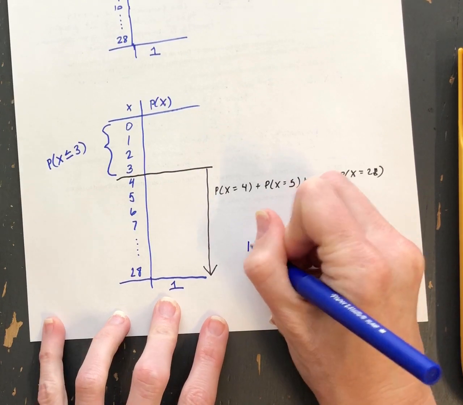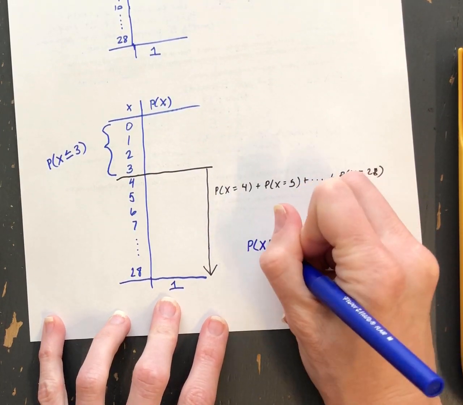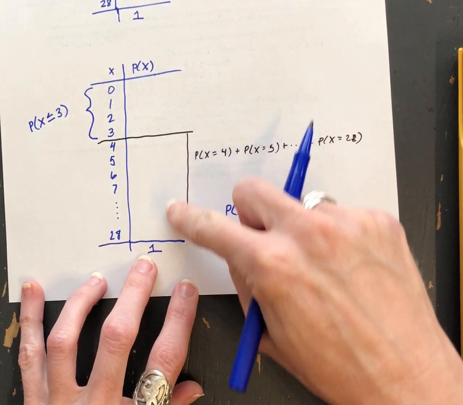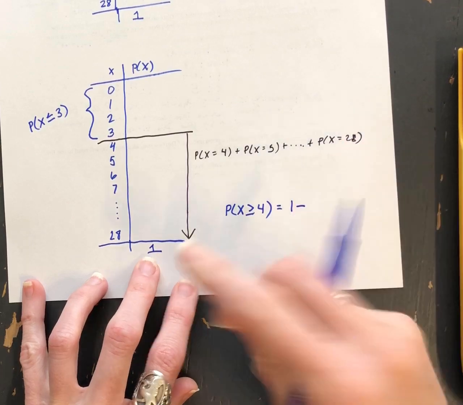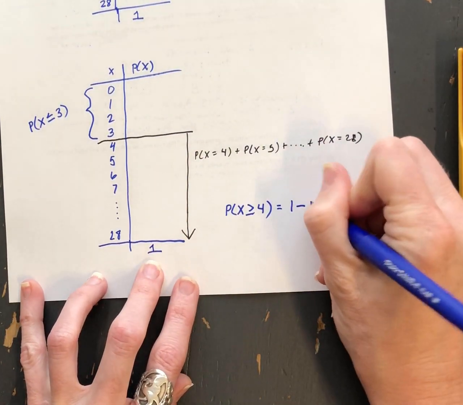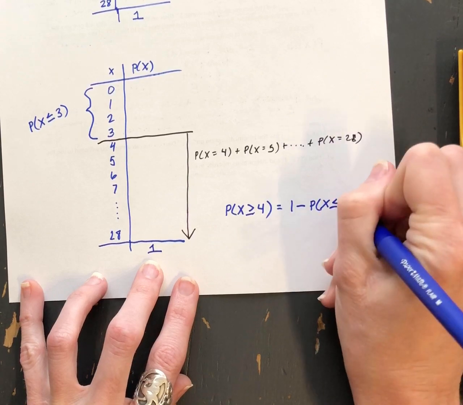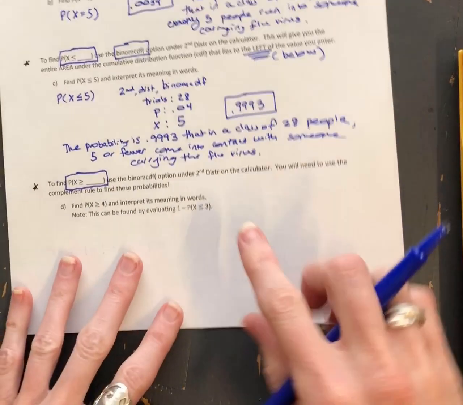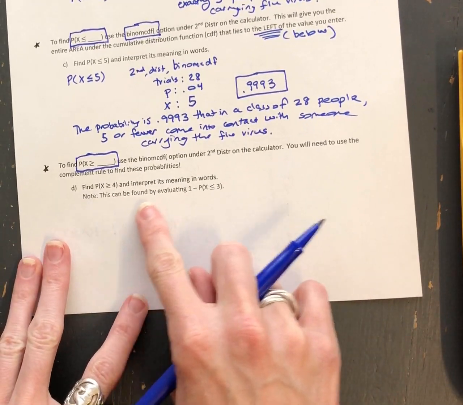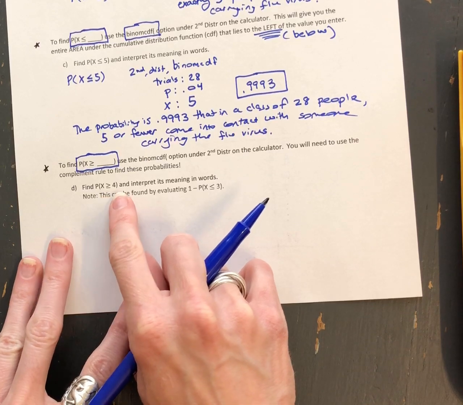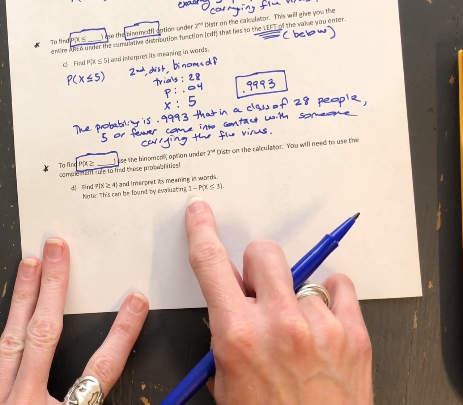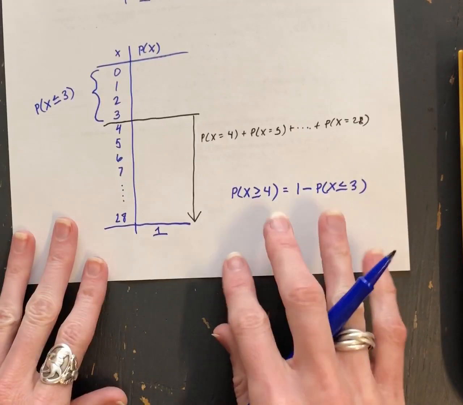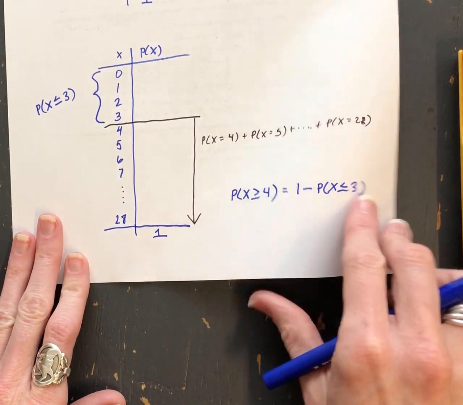So what you can see here is I can find the probability that X is greater than or equal to 4 by taking 1 and subtracting the probability that X is less than or equal to 3. And so that's what we're going to need to do on this last part. I put a note there that we can find the probability that X is greater than or equal to 4 by finding 1 minus the probability that X is less than or equal to 3, but hopefully this helps you visualize why that works.